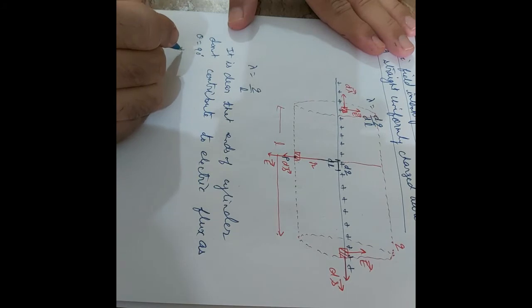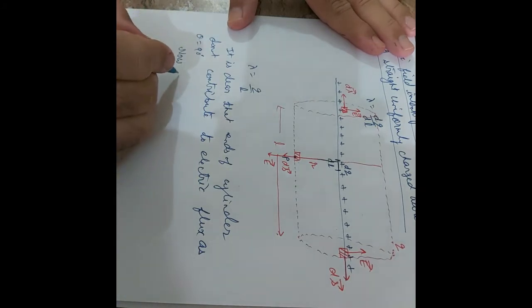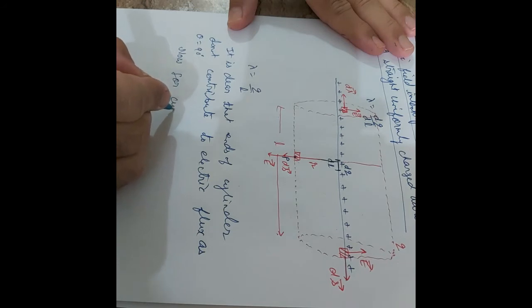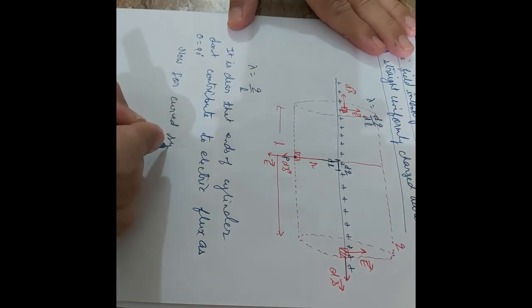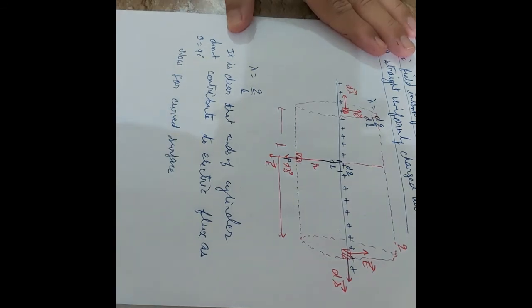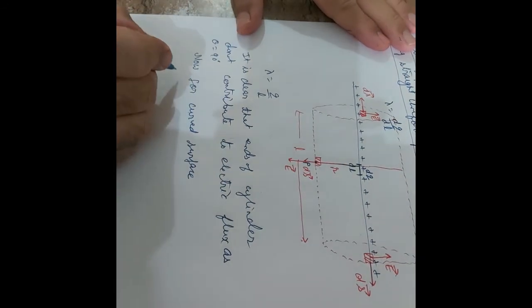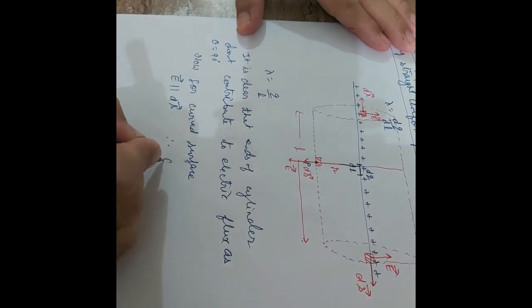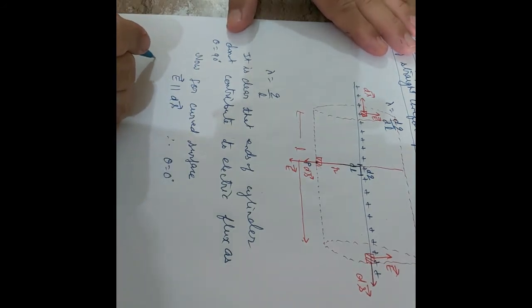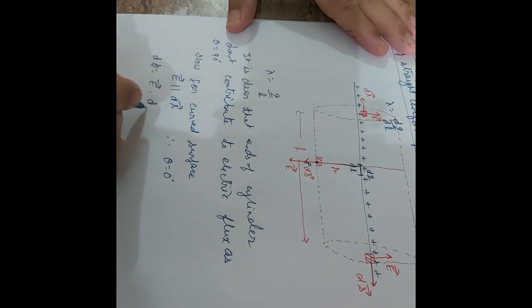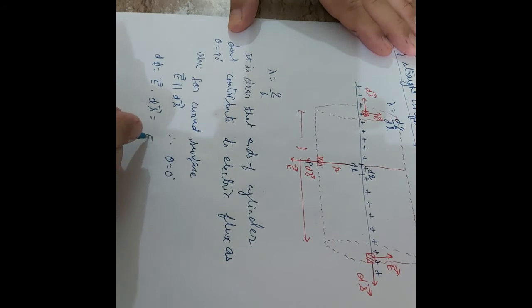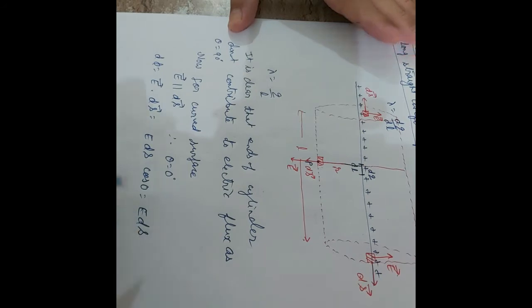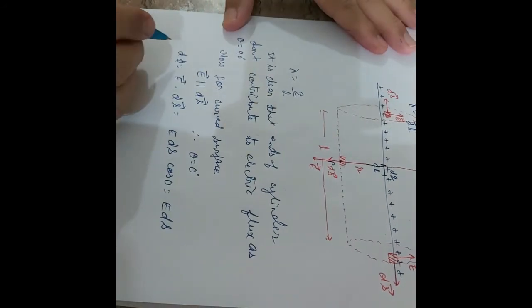Now for the curved surface, E is parallel to ds, therefore theta is 0 degrees. Now d phi is E dot ds, which is E ds cos 0. So this is E ds, right?